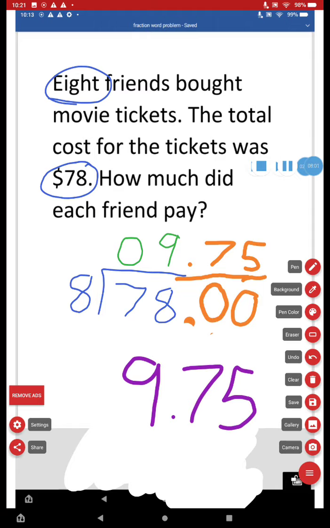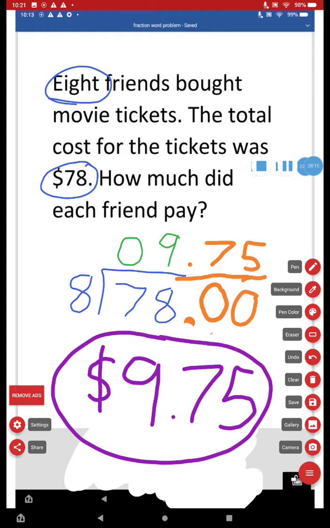Good. And even though we say dollars after I say the 9, I actually put the dollar sign in front of the 9. So how much is each friend going to pay? $9.75.